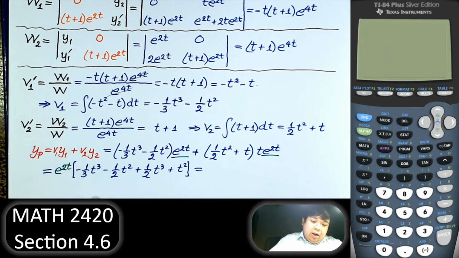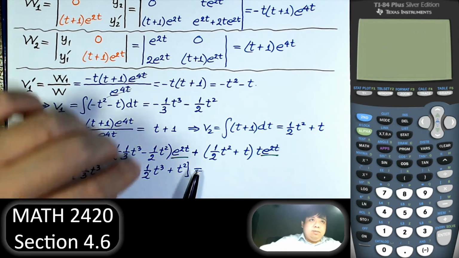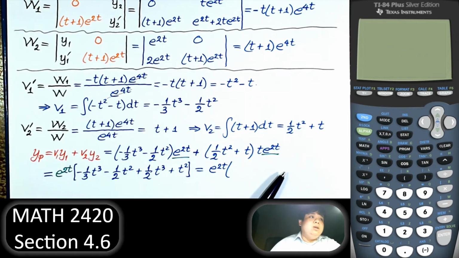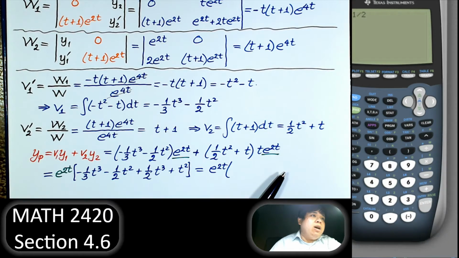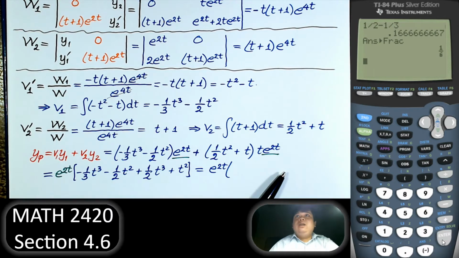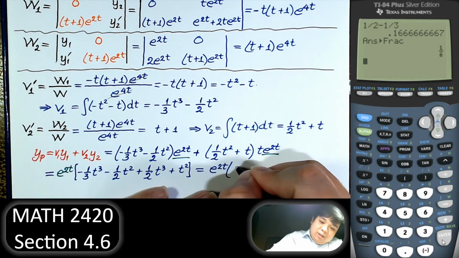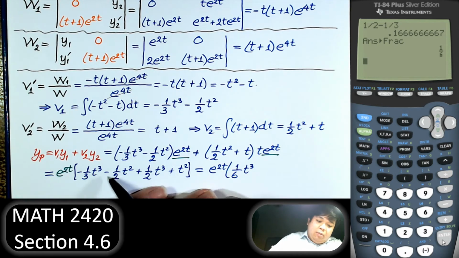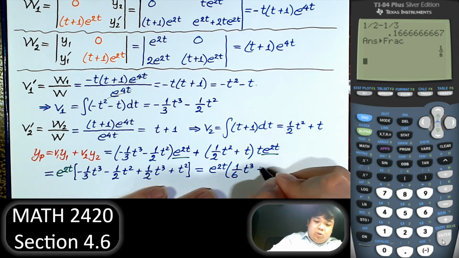Now, 1/2 minus 1/3 should be 1/6. So that's 1 over 6 t cubed, and 1 minus 1/2 for t squared, so that gives us 1/2 t squared.